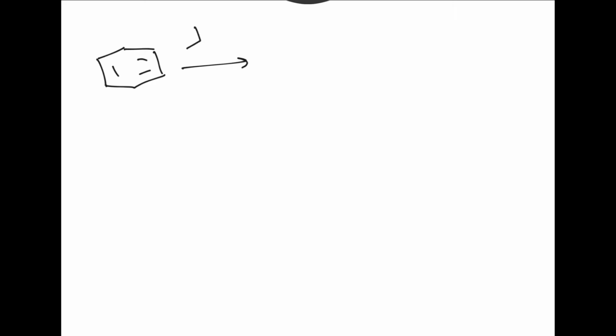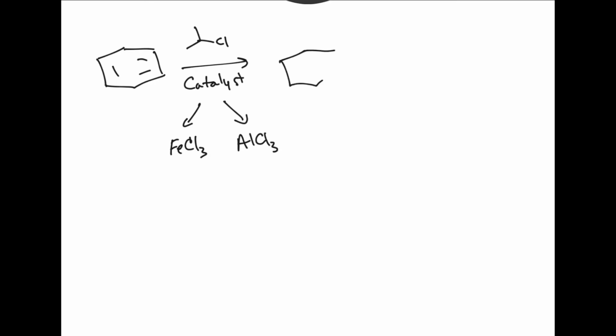So you have your alkyl halide, right? And you need a catalyst. Thankfully, we get to use the same catalyst that we used for the halogenation of benzene. So for chlorides, you can use FeCl3 or AlCl3, either one, and you'll add your alkyl group.